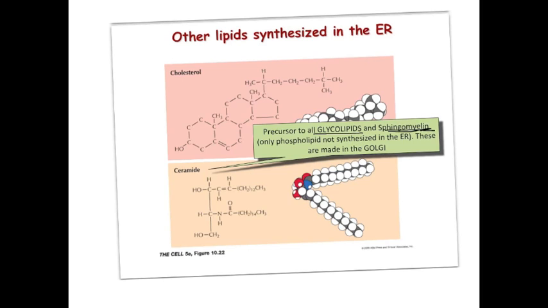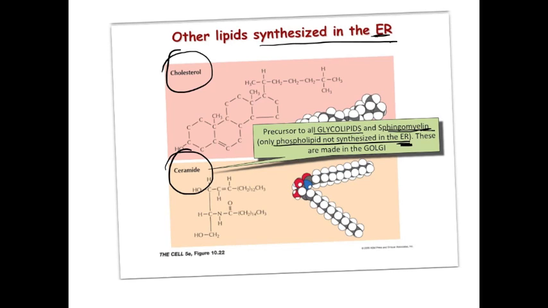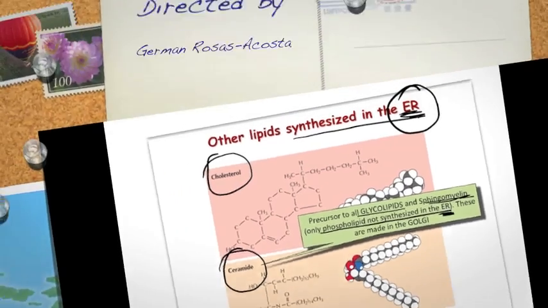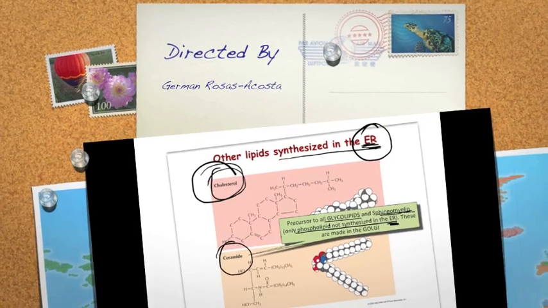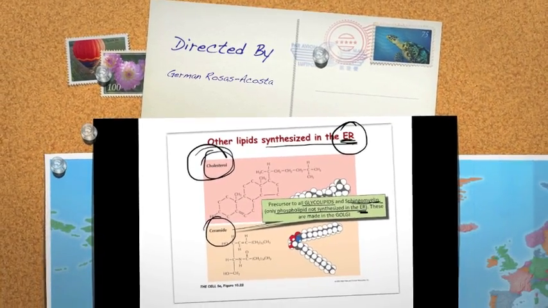Sphingomyelin, by the way, is the only phospholipid that is not synthesized in the endoplasmic reticulum. So these two extra lipids, ceramide and cholesterol, are also synthesized in the endoplasmic reticulum. And with this, we have covered the synthesis of lipids in the endoplasmic reticulum.